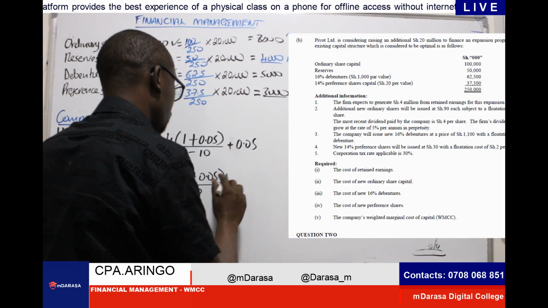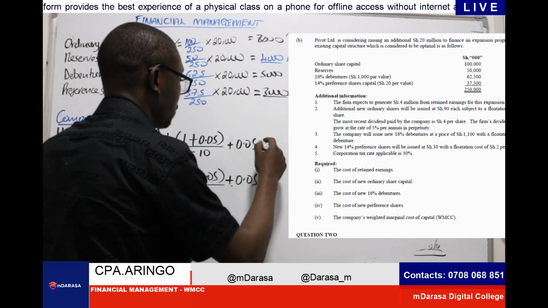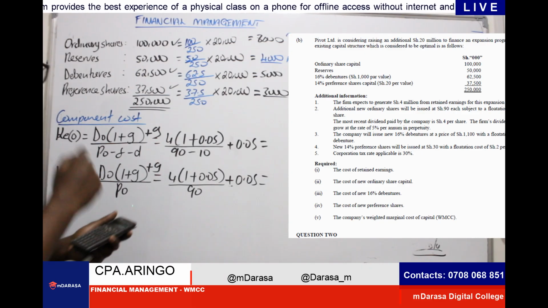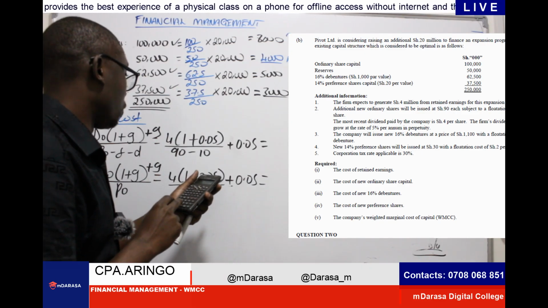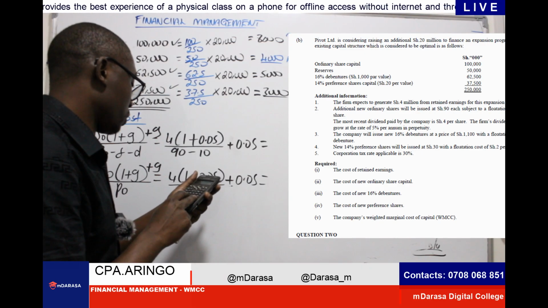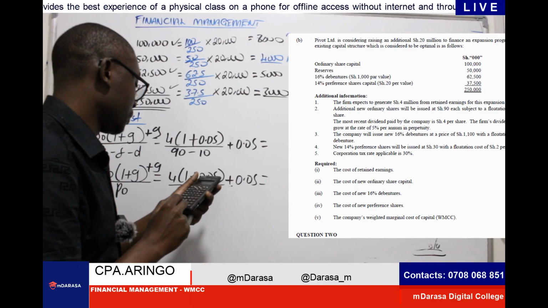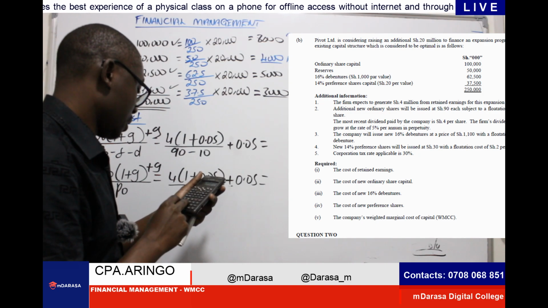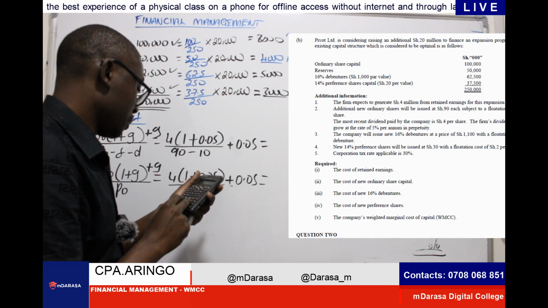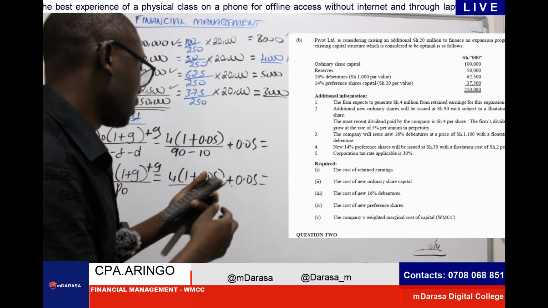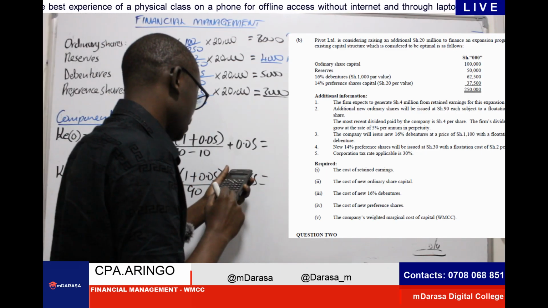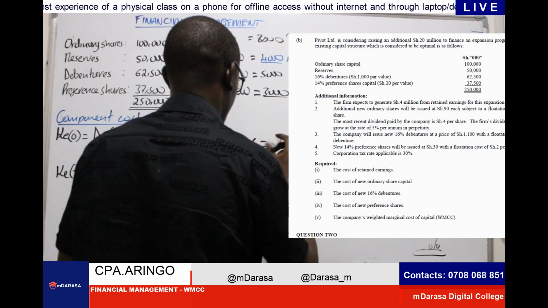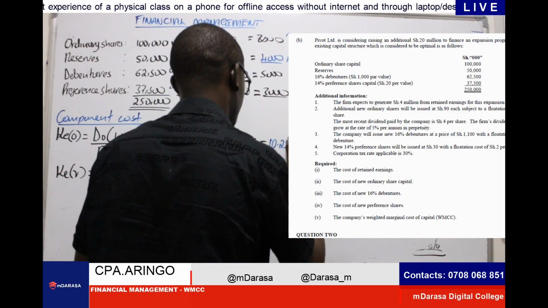So the first case, what will you be having? 4 times 1.05 divided by 80 times 100, to give us 5.25% plus 5%, which would give us 10.25%.